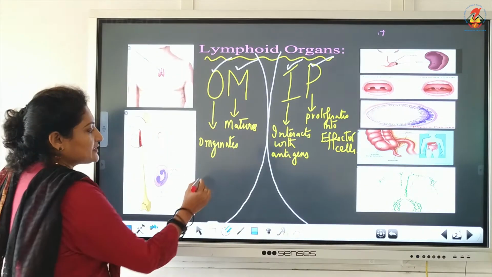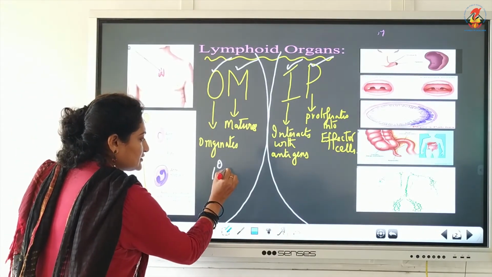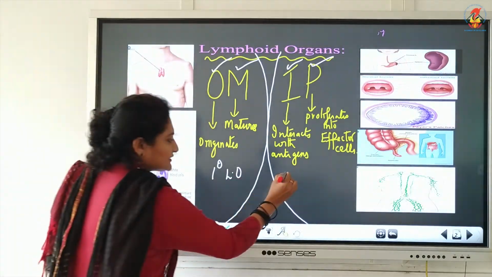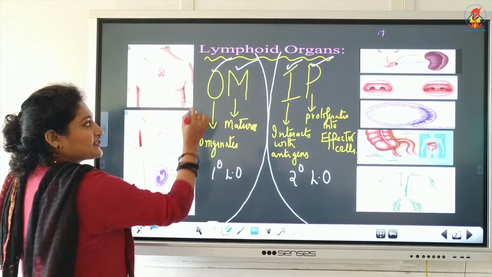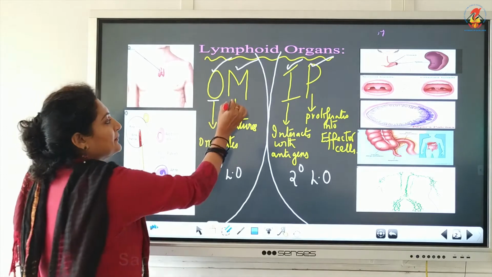Now let us analyze primary lymphoid organs. So this side is the primary lymphoid organs and this side I have specified secondary lymphoid organs. So now I am going to redefine what is primary lymphoid organ. Again the frame of the sentence is the same, but you are taking only the first part. Organs where lymphocytes originate and mature.